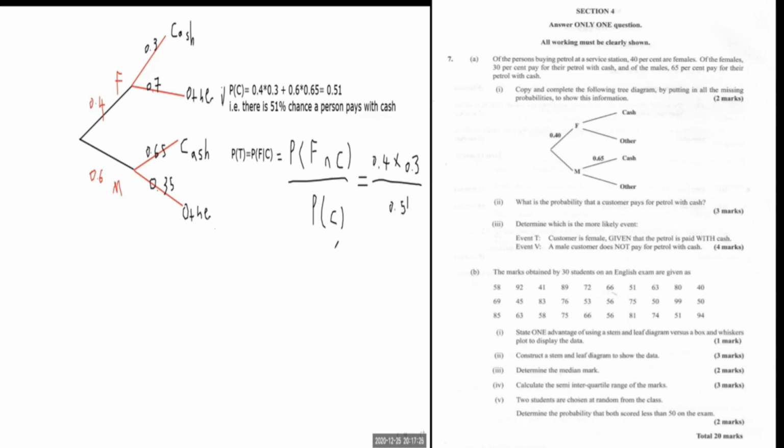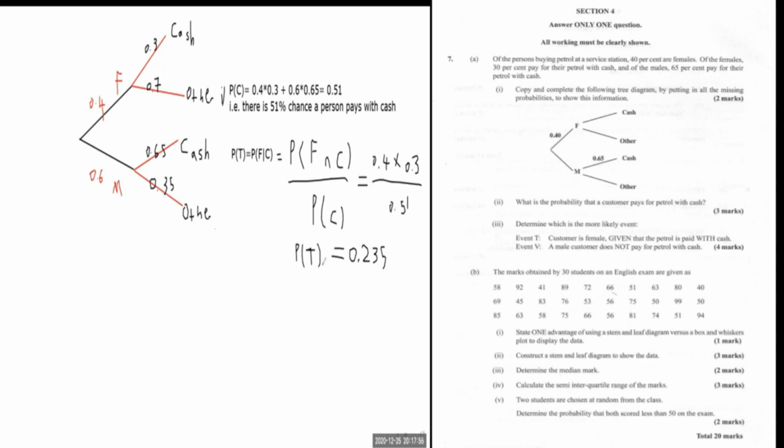So 0.4 times 0.3 divided by 0.51 is 0.235. That's the probability of event T occurring.